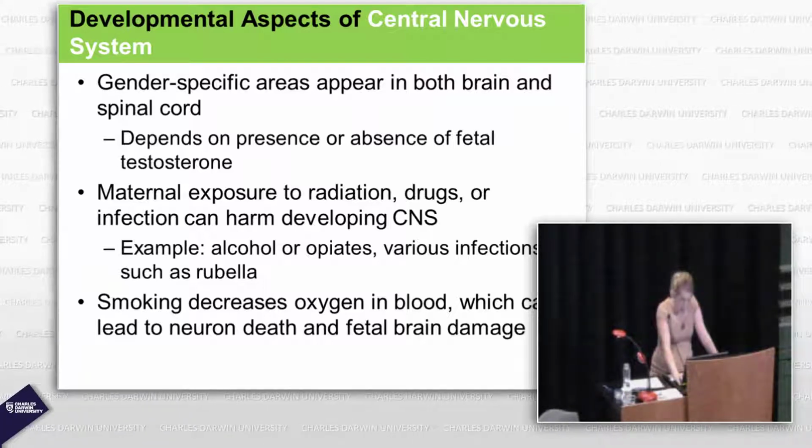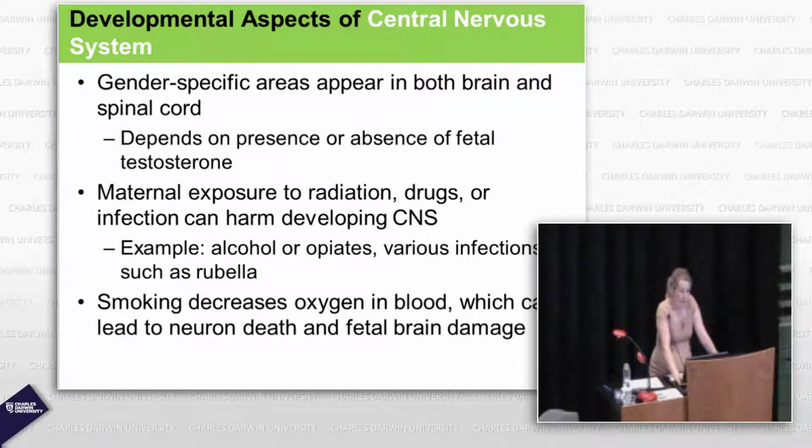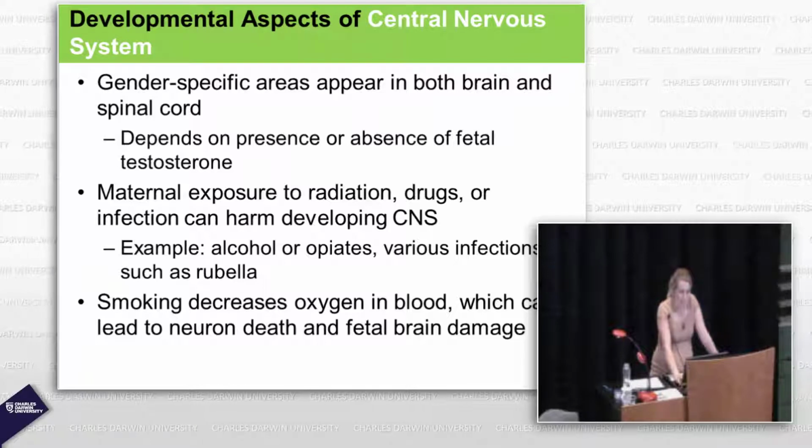So we're routinely screening females of childbearing age for rubella now, because it's important that women are vaccinated against this to prevent some of these central nervous system disorders. And obviously alcohol and opiates have a pretty big impact on the development of the central nervous system.